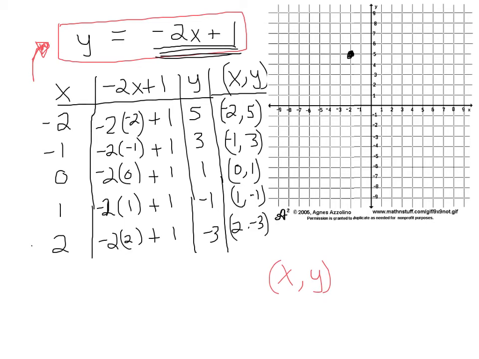If I plug in a 2 for x, the input of 2, then I get an output of -3. When I plot all these points on our graph, (-1, 3), (0, 1), (1, -1), and (2, -3), you can see the pattern developing.